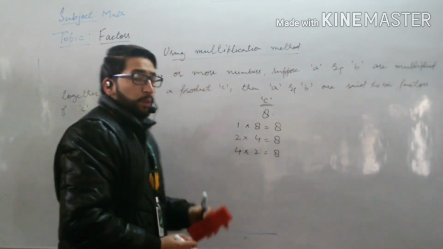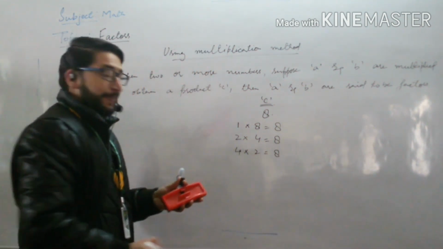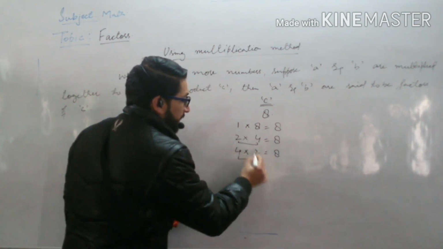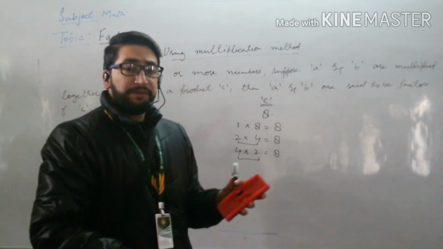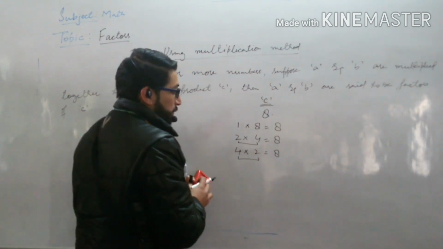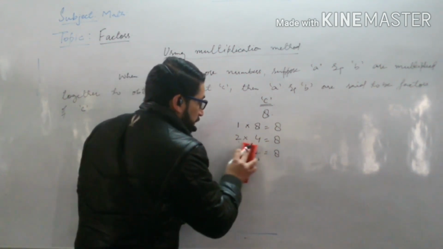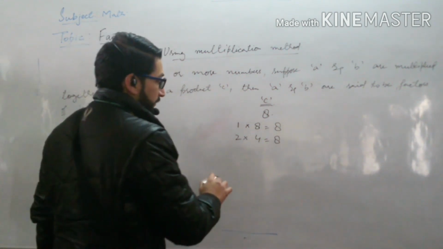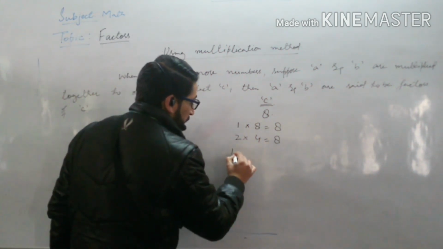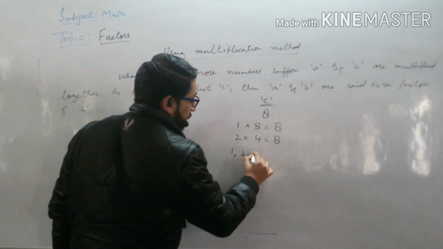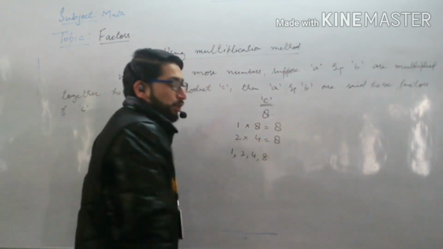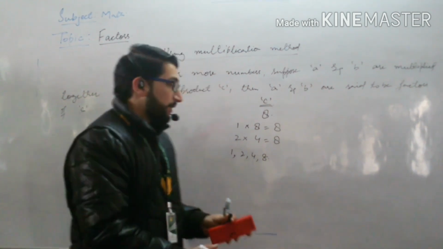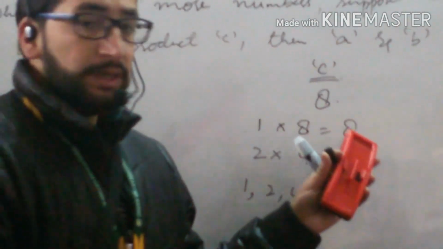But here, when this repetition comes, 2 multiplied by 4 and again 4 multiplied by 2, the factors are the same, so we have to stop here, not repeating the digits again and again. So we have got 1, 2, 4 and 8, and we can say that 1, 2, 4 and 8 are factors of 8.